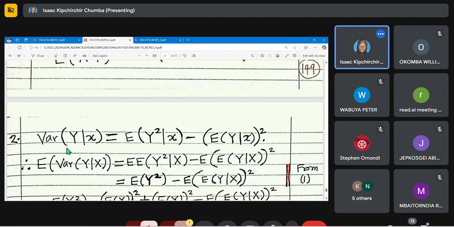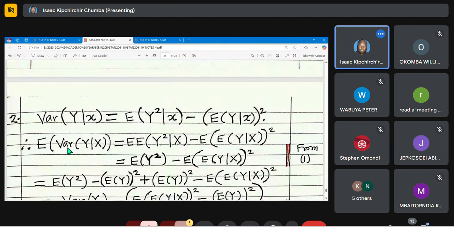Now, as I've indicated, var of y given the random variable is a function of the random variable x, so we can find its expectation.